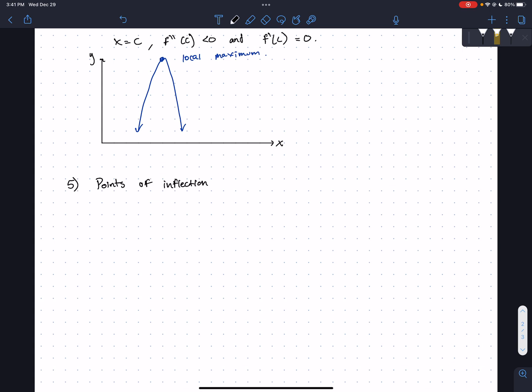They occur at c and f of c. So this is just saying that at an arbitrary point, the x and y values of y equals f of x, if f double prime of x changes sign.